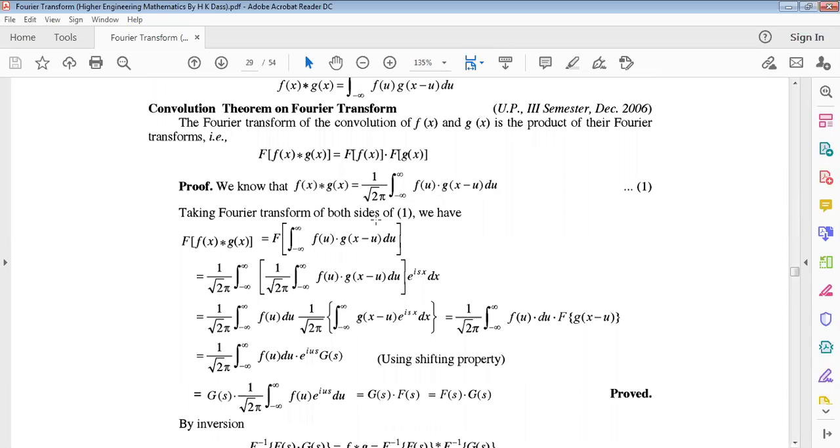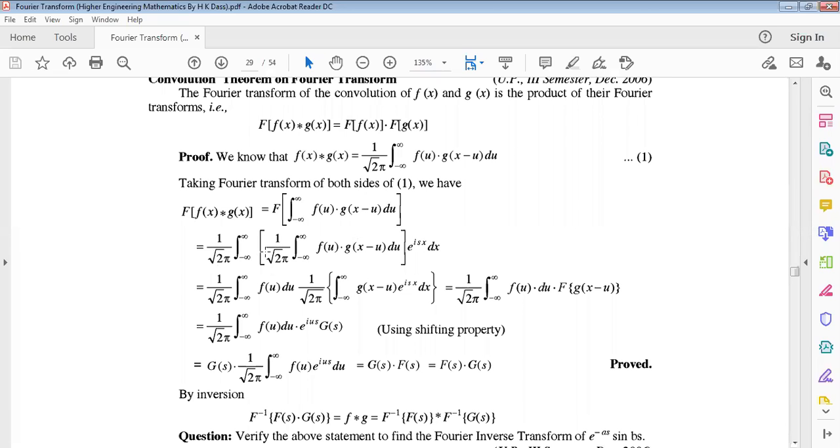Now taking the Fourier transform on both sides, we get the Fourier transform of this product function. That means the convolution of f of x and z of x equals the Fourier transform of the integral from minus infinity to plus infinity of f of u z of x minus u du. Just the Fourier transform of this equals 1 by root over twice pi, integral from minus infinity to plus infinity, which comes from the Fourier transform integral.